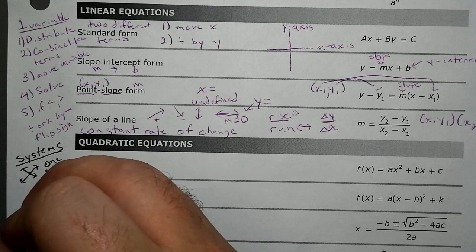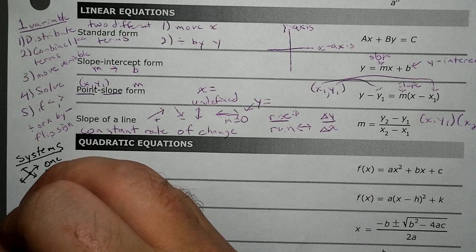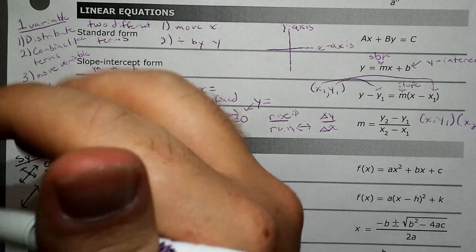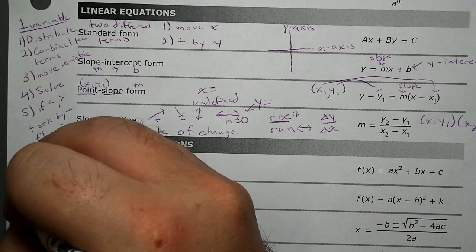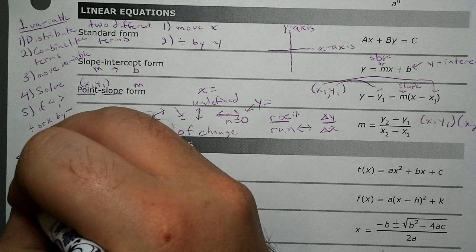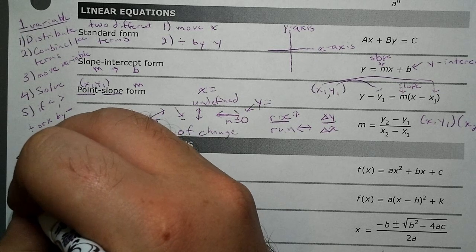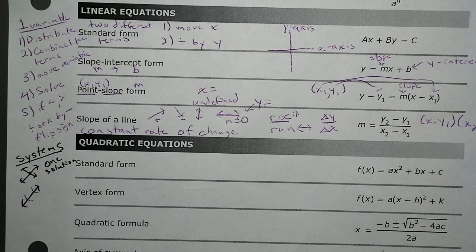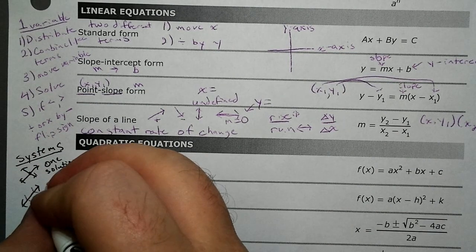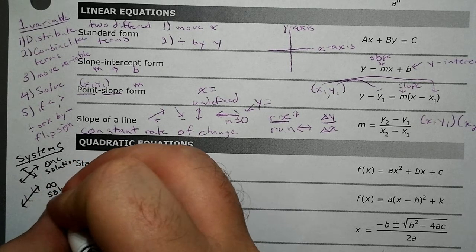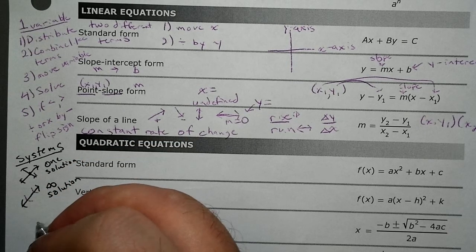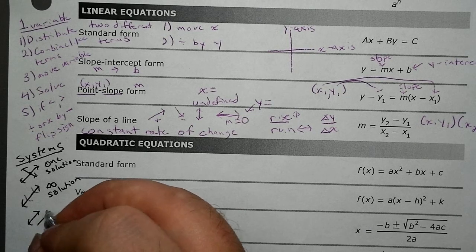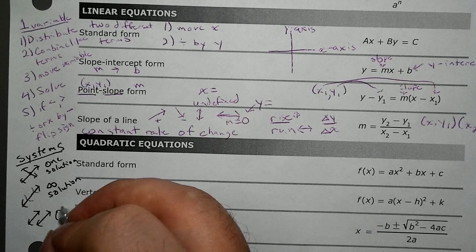If they're the same line, so you have one line that is on top of another line, sorry, trying to draw two lines, then that is going to be infinite solutions. And if they are parallel lines, so they're never going to cross, that would be no solution.